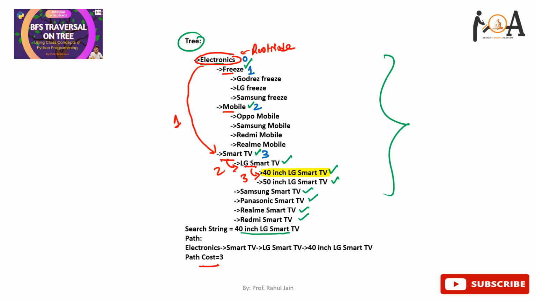Under Smart TV, we have node number 4 as LG Smart TV, node number 5 as Samsung Smart TV, node number 6 as Panasonic, node number 7 as Realme, and node number 8 as Redmi. And under this LG Smart TV, we have two more nodes, node number 9 for 40-inch and node number 10 for 50-inch Smart TV. Thereafter Mobile, so node numbers 11, 12, 13, 14, and for this node, numbers 15, 16, 17.